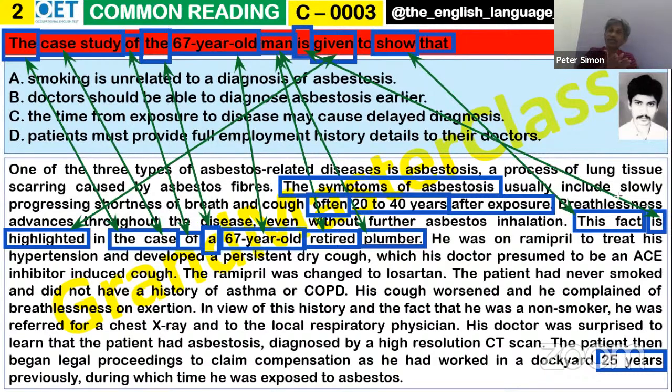That means it takes a long time to reveal symptoms externally. They will get cough and shortness of breath. It takes 20 to 40 years just for these normal symptoms. Slowly, they develop within, like water under the mat. You will not know that there is water. By the time you get wet, it has already spread. Okay.